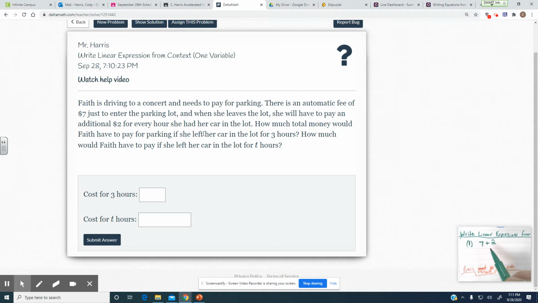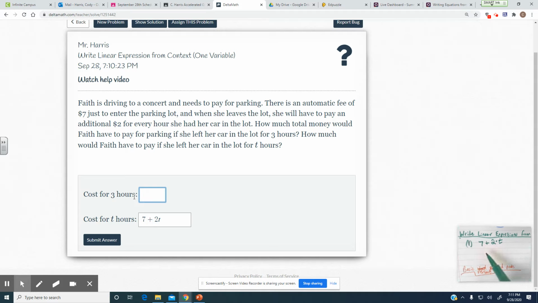How much would Faith have to pay if she left her car in the lot for T hours? So 7 plus T represents the number of hours, so $2 times the number of hours. What we have here is what's going to go down here in our general expression. So 7 plus 2T.